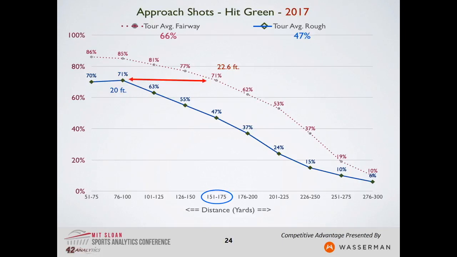And so you can see by this chart that in order to have the same success from the rough that the average tour player has from 151 to 175 yards, you've got to advance the ball 75 yards further. So my message to the players with whom I work is if you have to lay back 25, 30, 35 yards to avoid the rough or trouble, you're not giving up any shots, you're gaining shots.